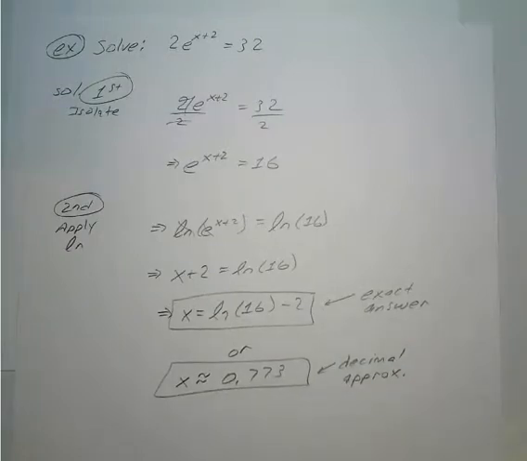Like I said, it all depends on what particular answer form they want you to put it in for that particular question. Alright, if you're still writing, then feel free to press pause. Let's go to our next example.